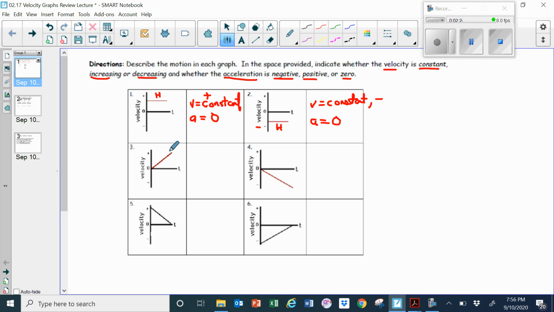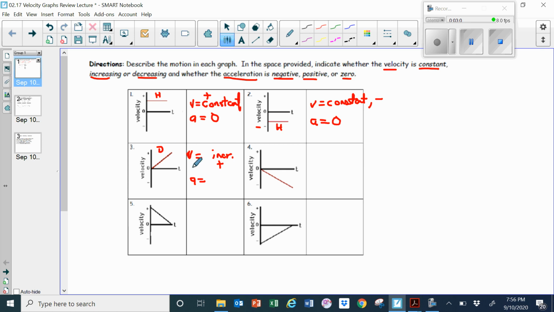Now let's go to this one. Now here, in this case, the velocity is a diagonal. But the velocity then, the velocity is increasing. I'm just going to write INCR, increasing, and it's positive. The acceleration then, since the velocity is increasing, if I were to draw the acceleration graph to go with this, this would be a horizontal.